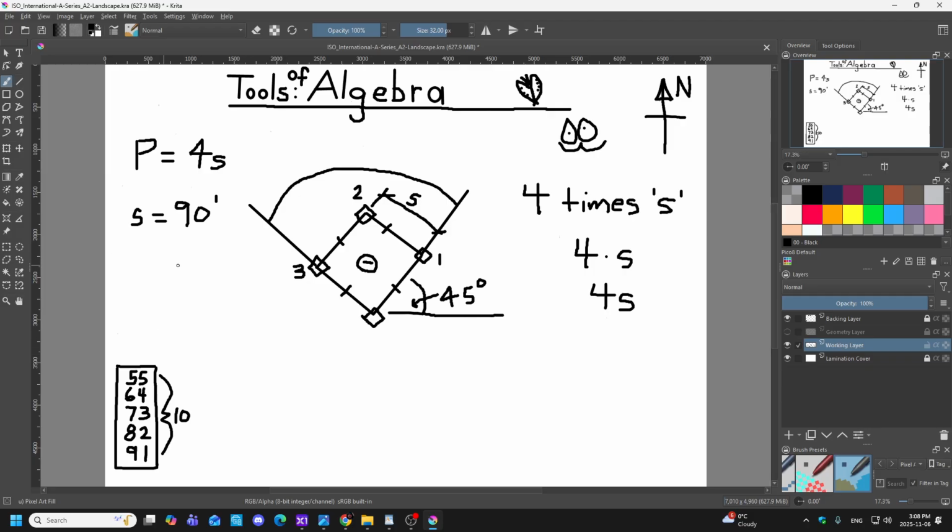So we could easily substitute at this point 4 multiplied by 90. I recommend using brackets. Brackets also infers multiplication. We are solving the perimeter, and basically it's the baseball player's distance that they are going to run.